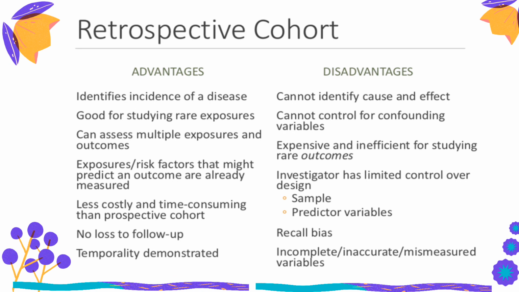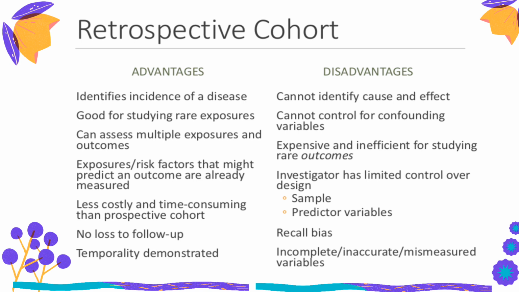Now let's move forward to the advantages and disadvantages of retrospective cohort. The advantages are it can identify incidence of a disease. It's good for studying rare exposures, and it can assess multiple exposures and outcomes. Also, exposures and risk factors that might predict an outcome are already measured. It is less costly and time-consuming than prospective cohort, and there is no loss to follow-up.